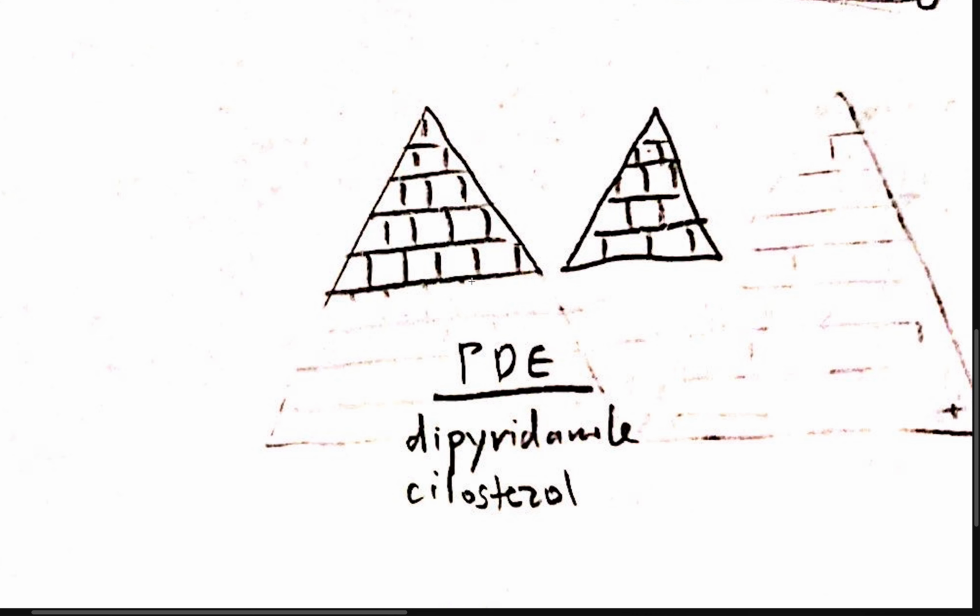So I drew 2 pyramids to help you remember PDE and dipyridamole. It's actually not pyramid, but you have 2 pyramids. And the silo here, I think of each of these pyramids weighing 1 kilogram. Imagine the C is pronounced as a hard C, so it's like a kilogram, but it's more of a silogram.